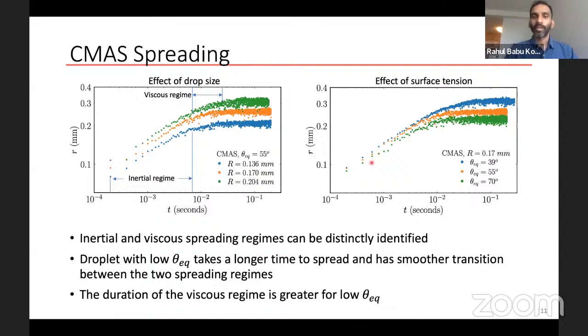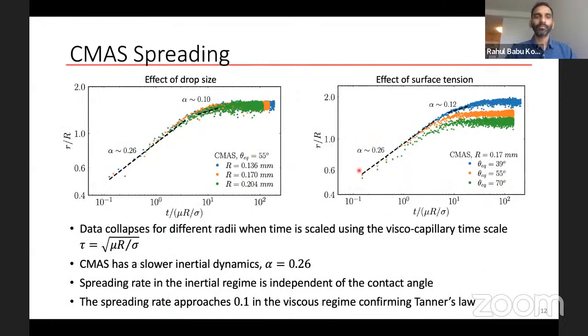Obviously we like to compute the slopes in these different regimes, and that's what we did. Before that, we non-dimensionalize our data using the viscous time scale given by this expression. And we see that for drops of different size, the data collapses. This is very much in agreement with experimental evidence for low viscosity fluids, and this is a very universal behavior.